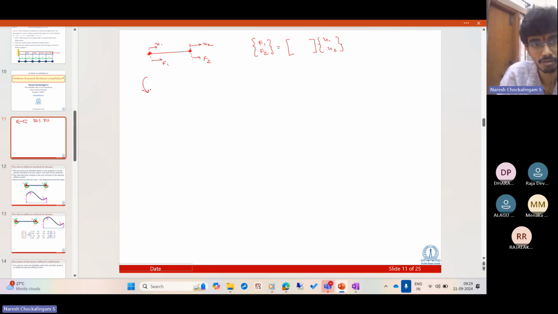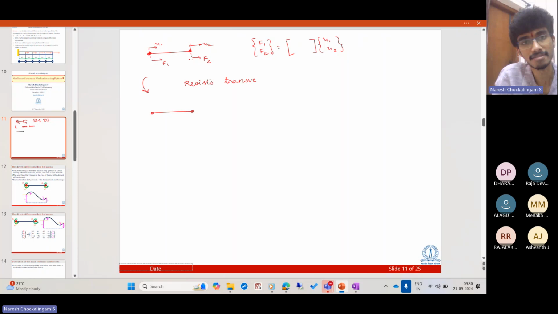Now, analogous to it, don't worry about how it comes. But if you look at a beam element, all of you know, a beam is something that resists transverse loads by flexure. A bar element is something that resists axially applied forces.